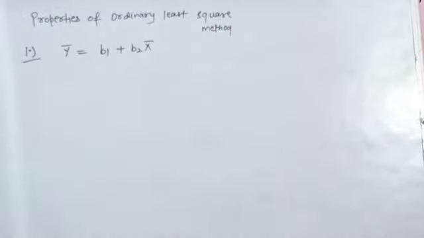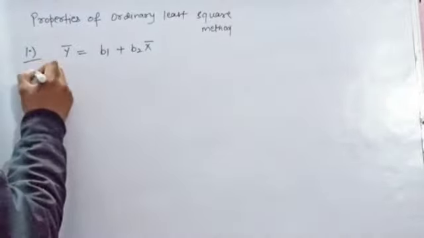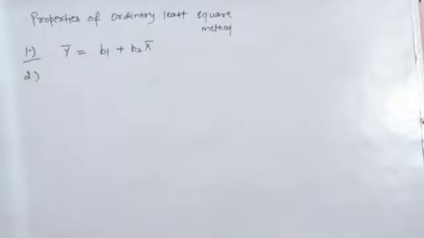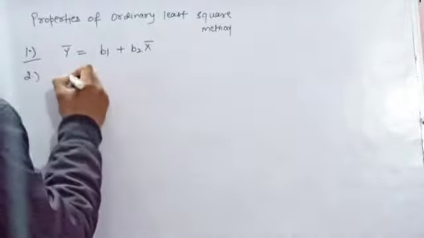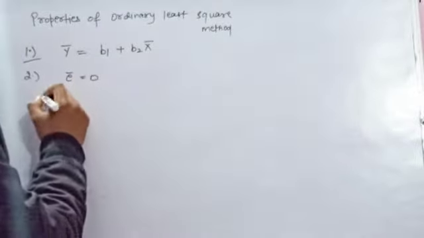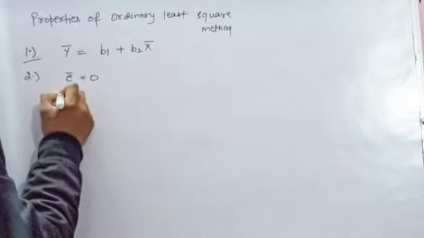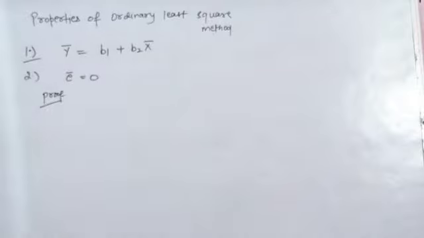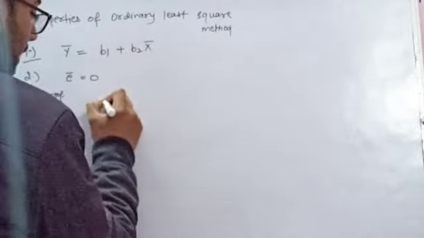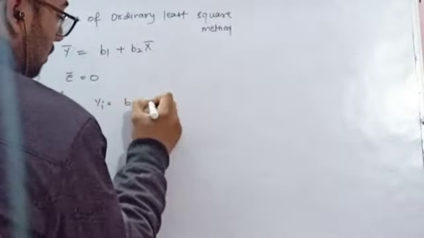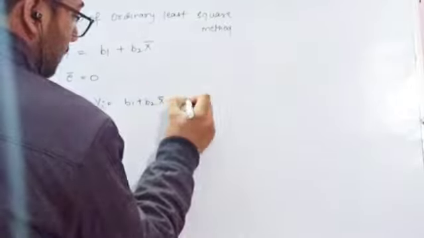And the second property: the mean of residuals is 0, that is, e bar is equal to 0. Now let's discuss its proof. We have yi is equal to b1 plus b2 xi plus ei.